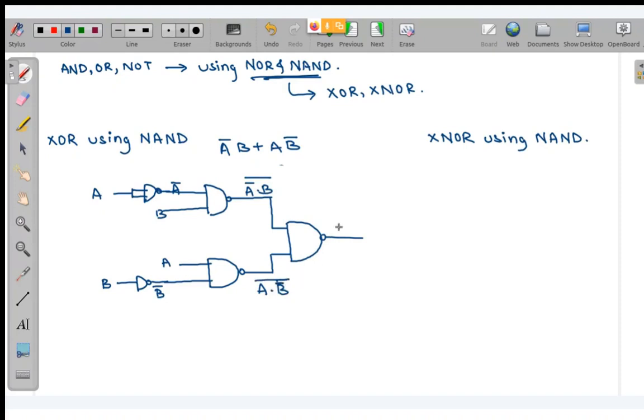So this will be the whole complement dot (A B complement whole complement) whole complement.